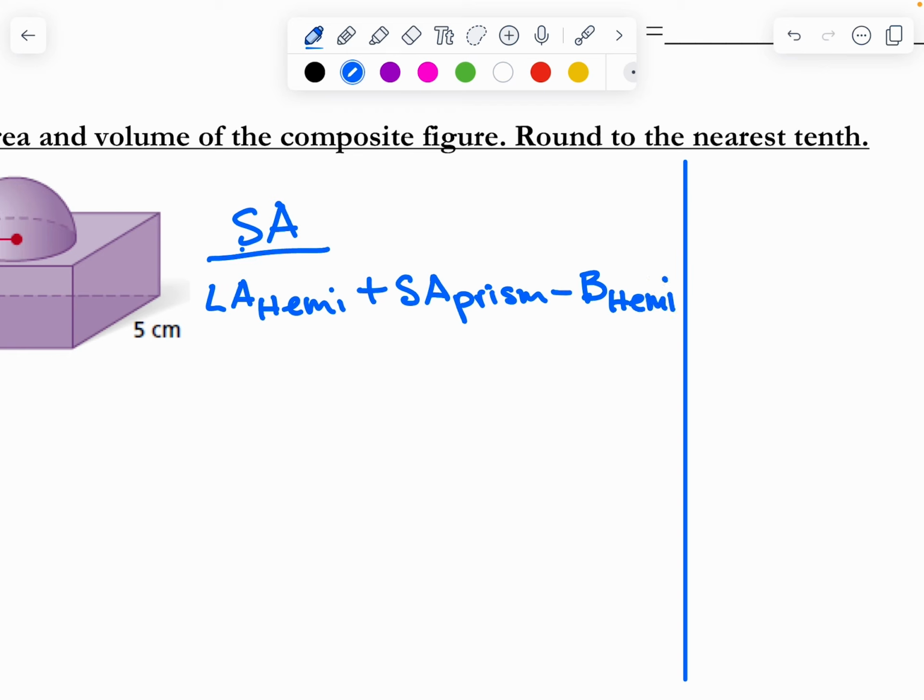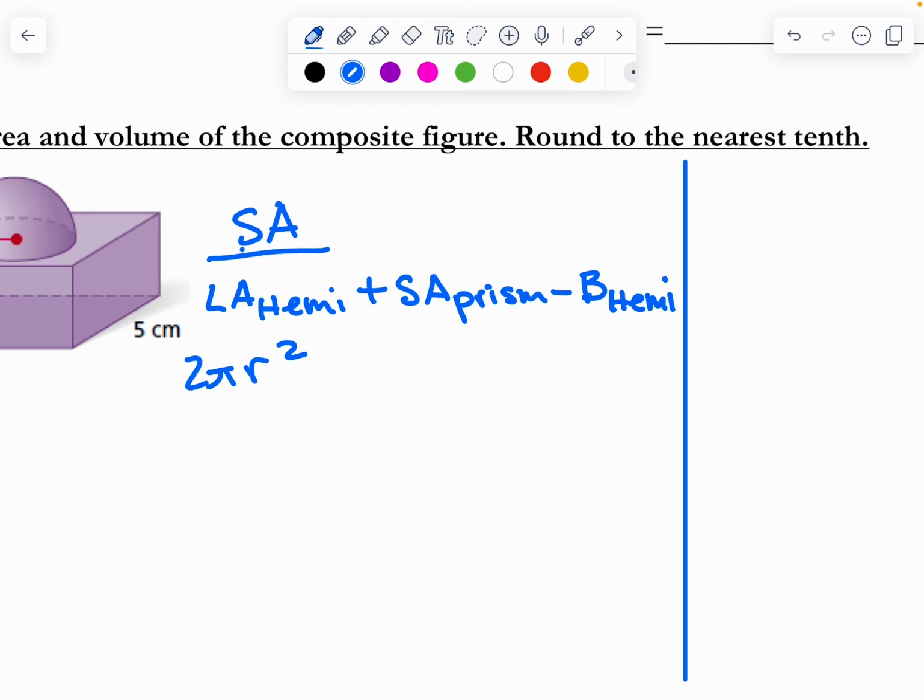All right. So let's go ahead and just write out this formula and then we'll get everything in, right? So the lateral area of the hemisphere, if you guys remember, is going to be 2 pi r squared.